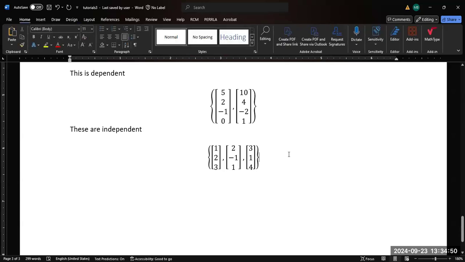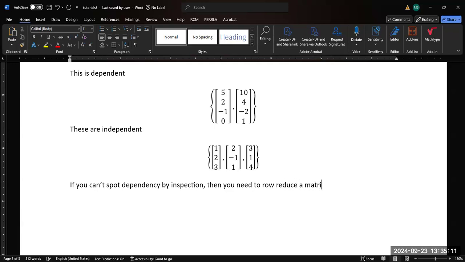Sometimes you can spot it by inspection, but if you can't spot it by inspection, then you need to row reduce a matrix with these vectors and count the pivots.